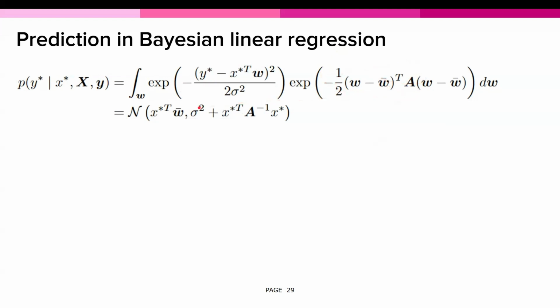And then just to sum up, by combining the likelihood and the posterior distribution through this convolution, the predictive distribution is also a Gaussian that captures both sources of uncertainty, the noise in the observations and the uncertainty in the weight estimates. So the predictions are not just point estimates, but come with uncertainty estimates as well, providing a more nuanced understanding of the model's predictions.